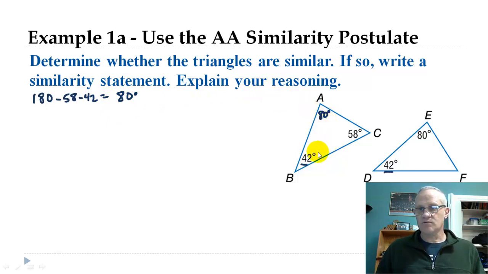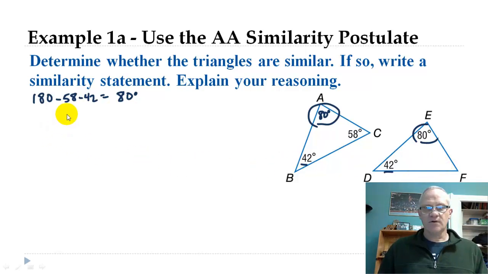And now, if you're looking at the other triangle here, you'll notice, hey, look at that: 80, 80, those two are the same. So now we have two angles that are the same, 42 and 80. So we probably don't even need to bother subtracting these from 180, because we know C is 58. This one has to be 58. And so then in this case, we're going to write our similarity statement. So again, we have to put it in the same order.